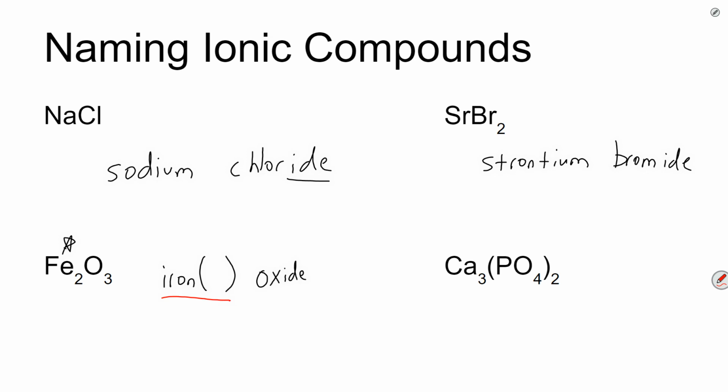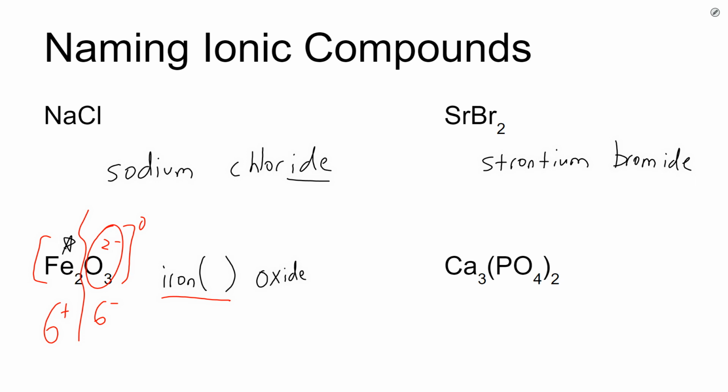Oxygen, you can look on the periodic table and knowing the patterns that we know, 1 plus, 2 plus, 3 plus, 4 plus or minus, 3 minus, 2 minus, 1 minus, 0, you can know that oxygen has a 2 minus charge. Since there's 3 of them, that must mean that the total negative charge on this thing is 6 minus. If the total negative charge is 6 minus, and we know that the whole compound has to be neutral, that is, it has no charge, then it means the positive charge must be a 6 plus to match.